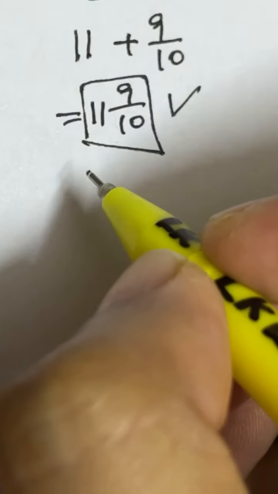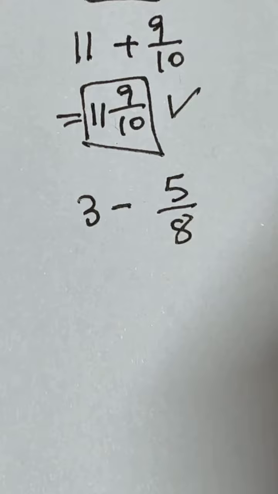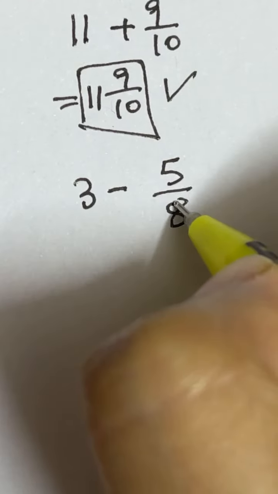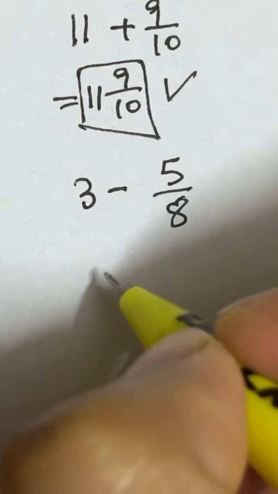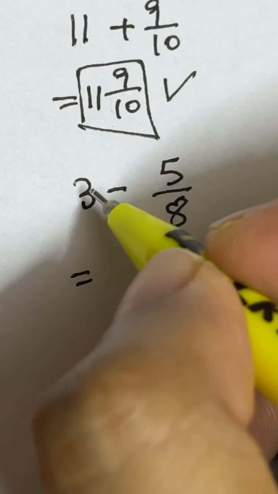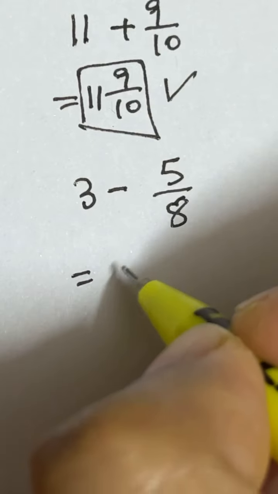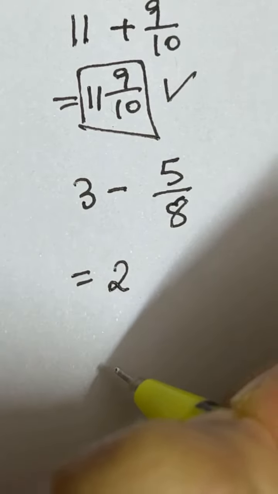Okay, let's see subtraction of fractions, like 3 minus 5/8. Now what we will do in this case, we are not going to just write down 3 and then the fraction. We are going to take a number one lesser than 3. That's 2, so we're going to write down 2.